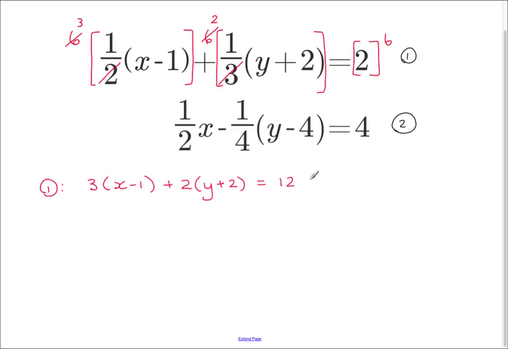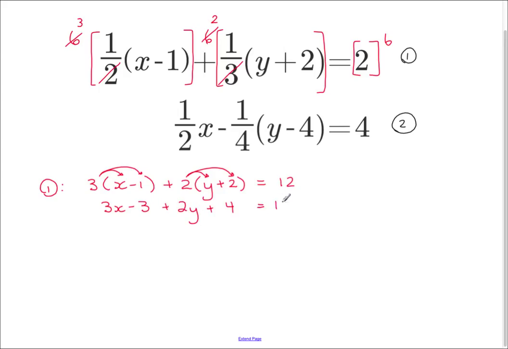That's pretty straightforward. So now this has become a lot simpler because I no longer have the fractions to deal with. I just have some brackets and some multiplying. So I'm going to use the distributive law to go through the brackets here, and I get 3x minus 3. And I'm going to use the distributive law to go through this bracket, which gives me 2y plus 4.